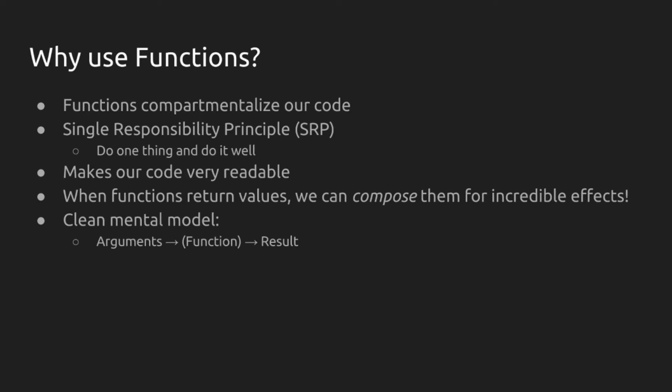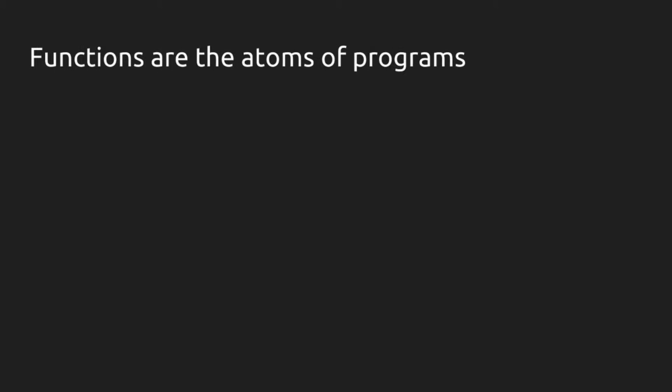And if we think about programs in that way, it's very easy for us to put the pieces together and take large problems and break them down into smaller problems that we can solve using multiple functions. I like to think of functions as the atoms of programs. So our other control structures and keywords would be, I guess, subatomic particles, electrons, protons.